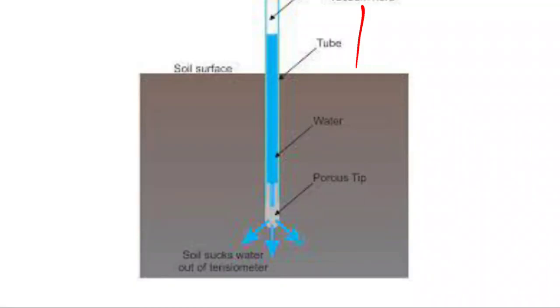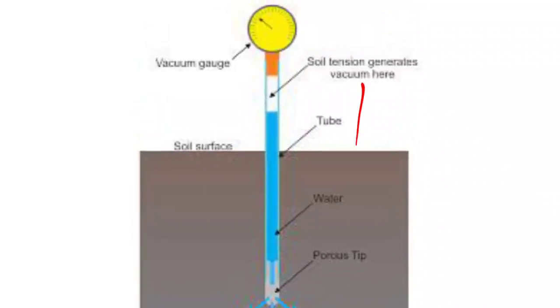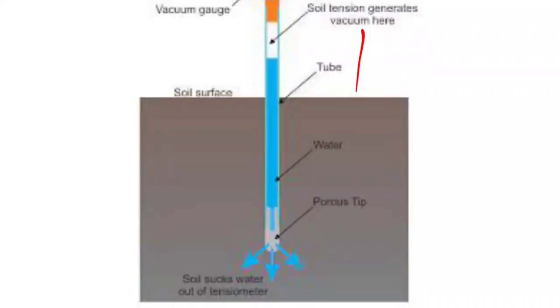So make a hole with a screw auger and insert it where the crop root zone is, and add water inside the inner tube. When the soil is dry, the water will enter from this inner tube and pass through the porous cup.